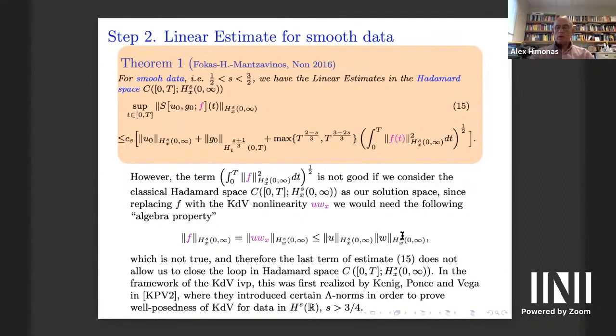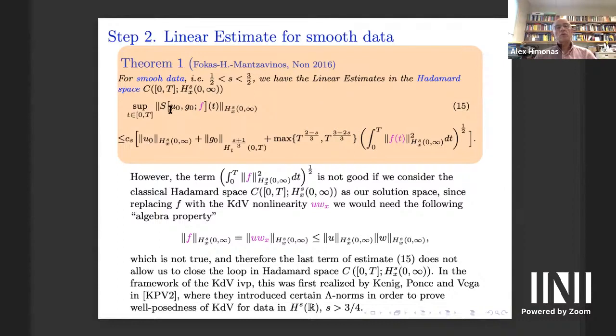Okay. So now that we have the solution to the forced linear IBVP, we are able to estimate it in this Hadamard space.